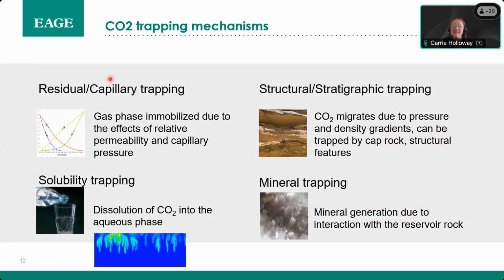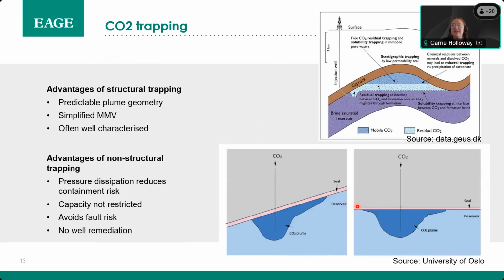As I said, studies show that this can account for 95% of the CO2 initially in the reservoir, and this is for a normal saline aquifer case where you have a cap rock but not necessarily a structure that's trapping. And then you'll get a plume geometry, something like this.